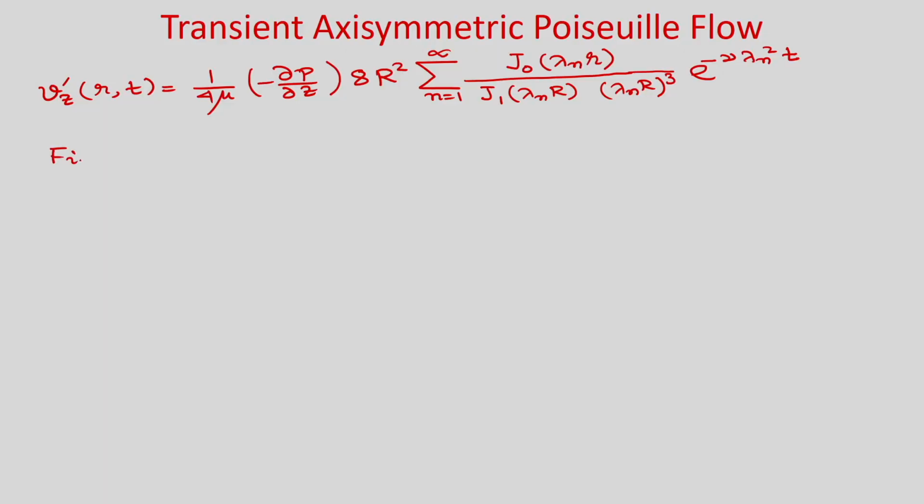Now, you put it in the final expression of vz. In that you will get one part as the solution from the steady Hazen-Poiseuille flow and minus this solution, okay, which is your transient solution. So, we can write the final solution as, the final velocity profile, transient velocity profile, because it varies with time.